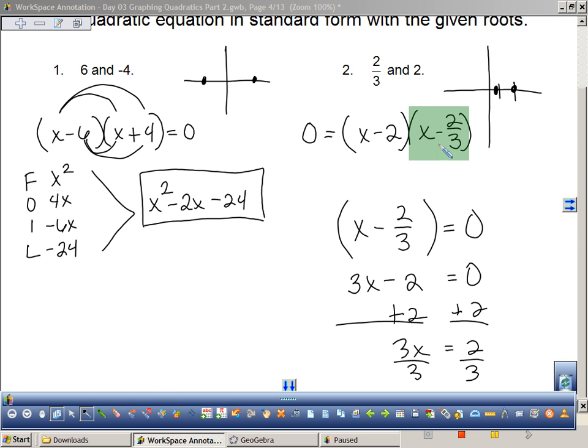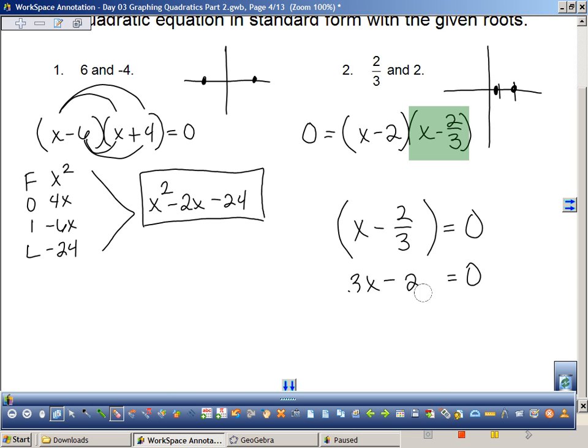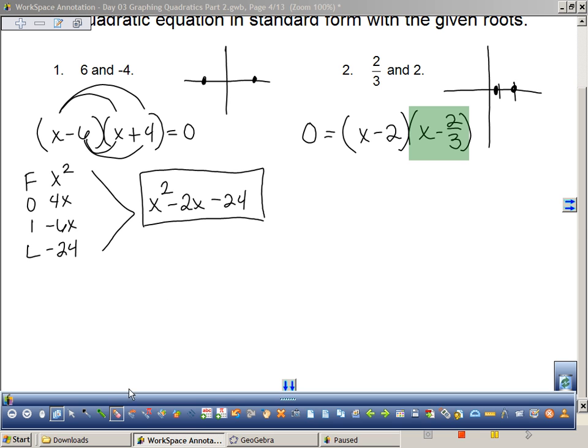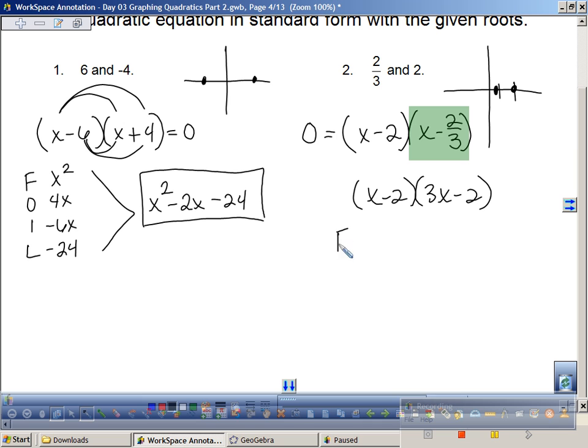So since I know, instead of this being, I'm going to erase this. So this is x minus 2 and what? 3x minus 2. So now I'm going to FOIL it. What's my first? 3x squared.